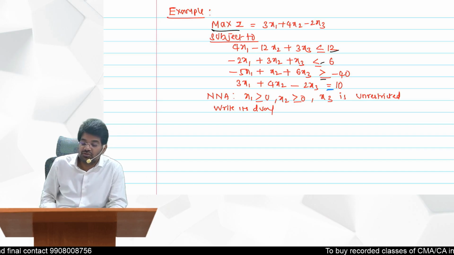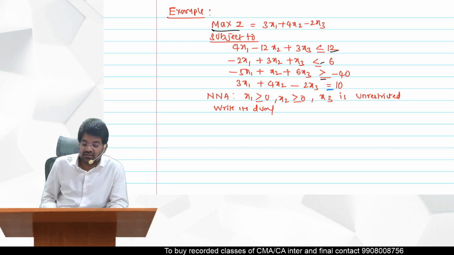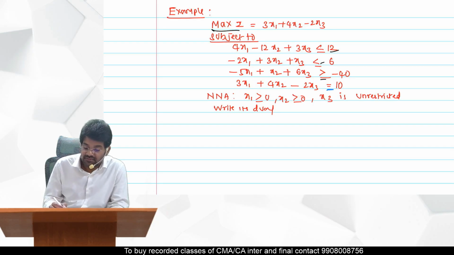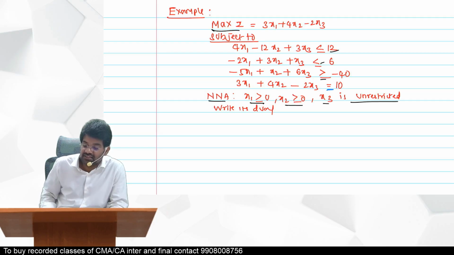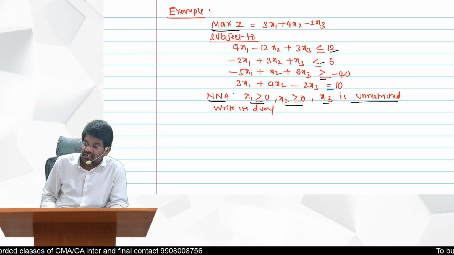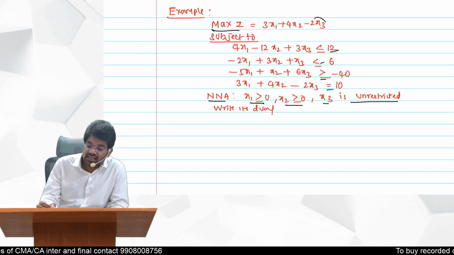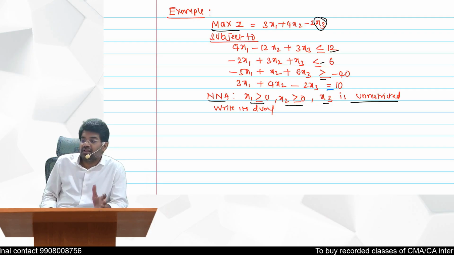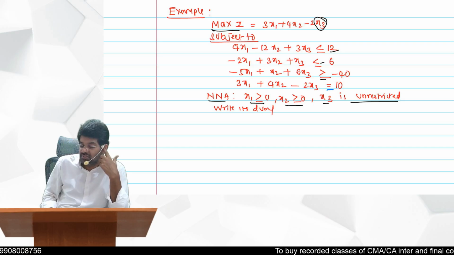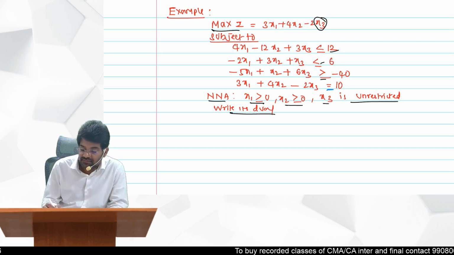So what are we supposed to do? Convert into less than type first, then you can write the dual for that. So the non-negativity assumption is x1 greater than or equal to 0, x2 greater than or equal to 0, x3 is unrestricted. Unrestricted means what? It can be negative or it can be positive also. So write its dual.